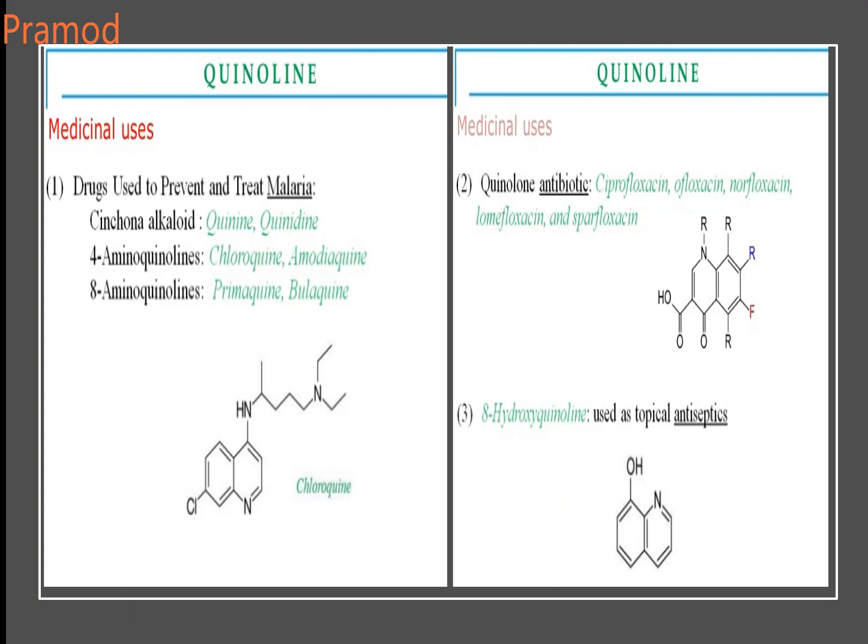Ciprofloxacin, norfloxacin and others are examples. 8-hydroxyquinoline is used as an antiseptic agent. These are some of the examples. They have a wide variety of uses; it can also be used in many antimalarials and anthelmintics. Everywhere this quinoline moiety is present.